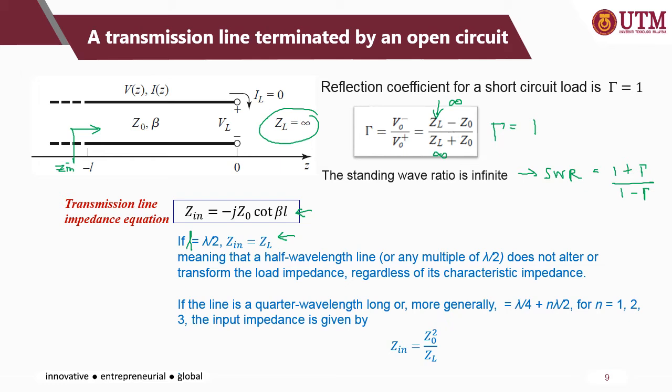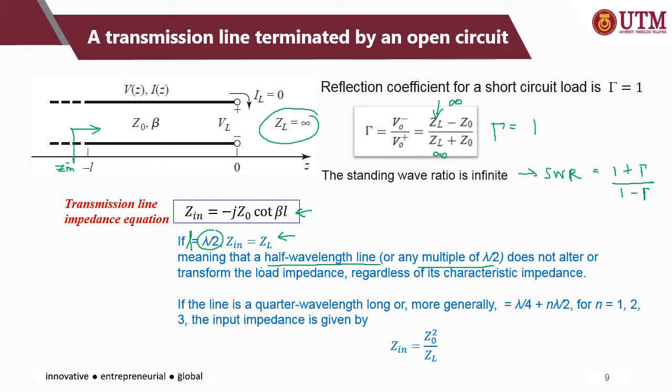So if Zin equals ZL, meaning that at a half wavelength line or any multiple of lambda over 2, the Zin and ZL, there's no transformation.